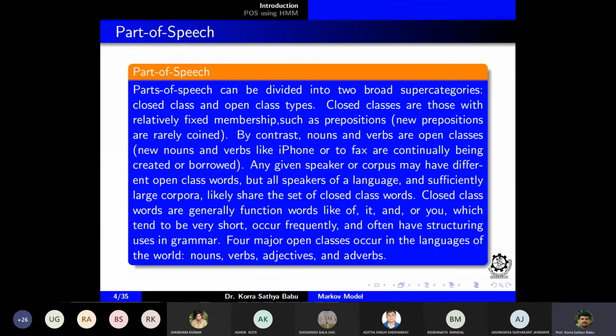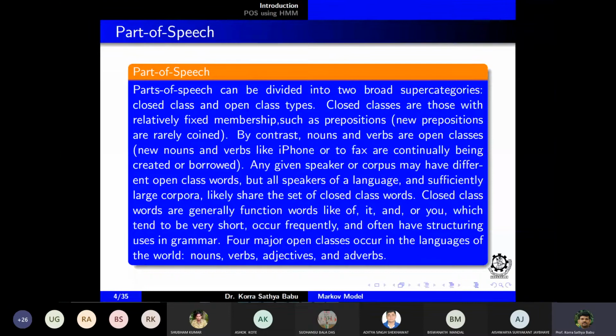The four major open classes that occur in the languages of the world are nouns, verbs, adjectives, and adverbs. Other parts of speech are basically closed, but these four are the major open classes. Now, let us see about these open classes, starting with nouns.